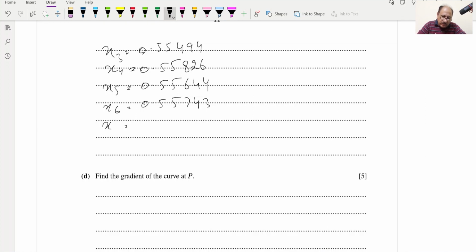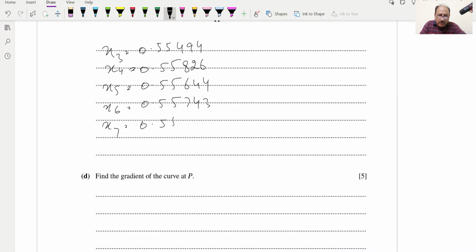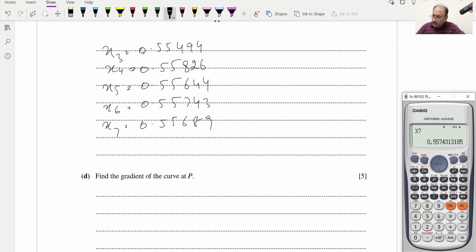For the next value, we calculate for answer is equal to 0.55689, and the next value we calculate for answer is equal to 0.55718.